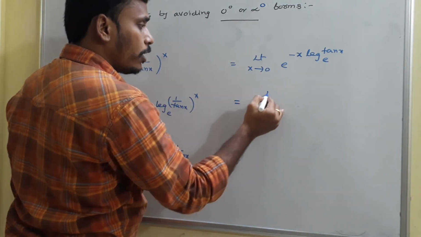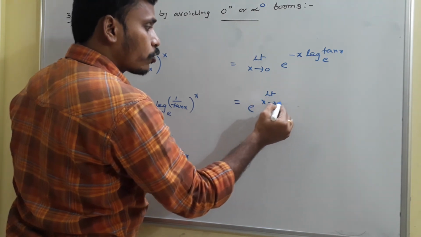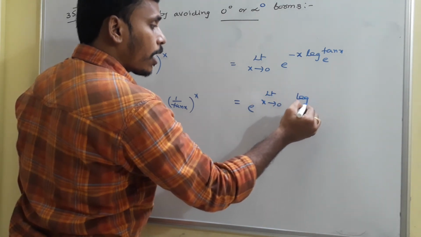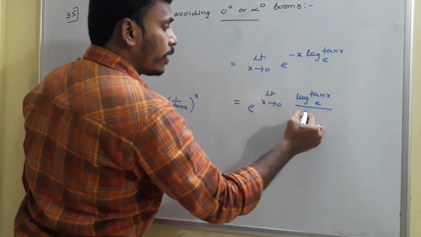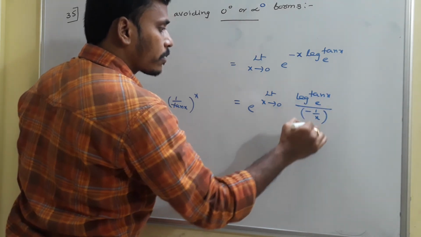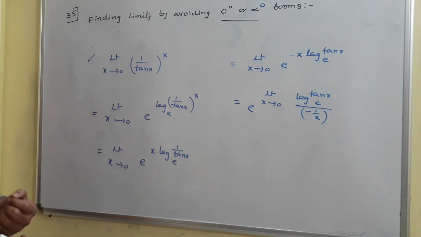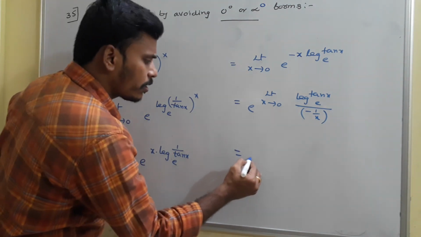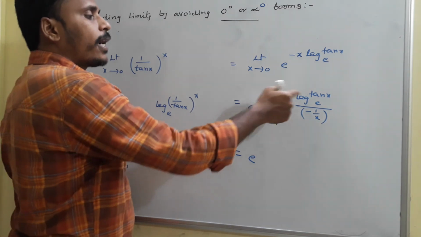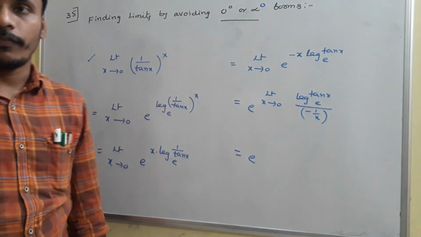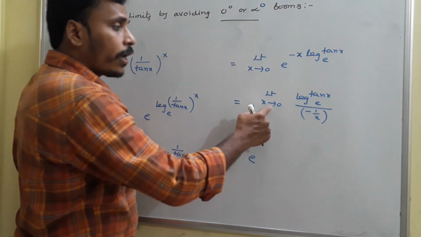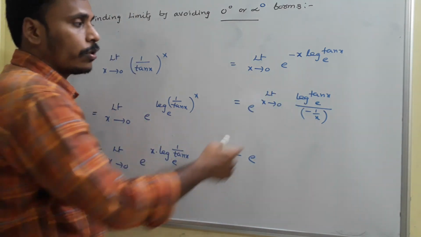So this is equal to e power limit x tends to 0 of logarithm of tan x to the base e divided by minus 1 by x. Now again apply limits. When you directly apply the limit, the denominator is infinity as well as the numerator is infinity. So just use L'Hospital's rule.